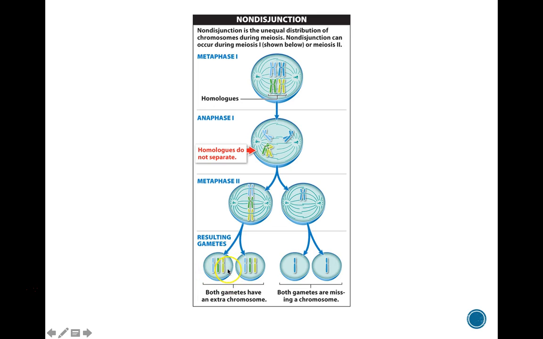Once these gametes fertilize, let's say this is an egg, and it's fertilized by a sperm, and they get their other green copy, now we are going to have 3 copies of the green and 2 copies of the blue. So I hope you can see where the trisomy comes from. The trisomy does not come from 2 greens and a blue.